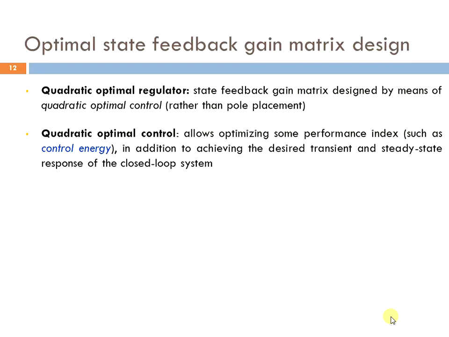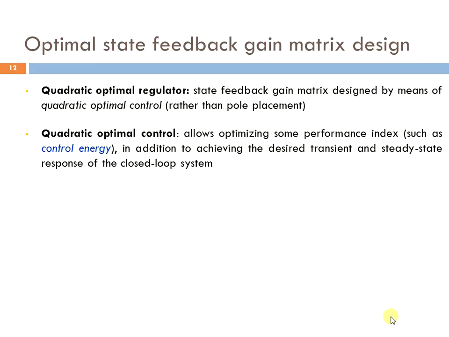So we have to be mindful of that, because although a certain control system may perform very well in terms of transient and steady state response characteristics, if it requires a lot of control energy, then the efficiency of the overall system might be low, and that might be a problem.